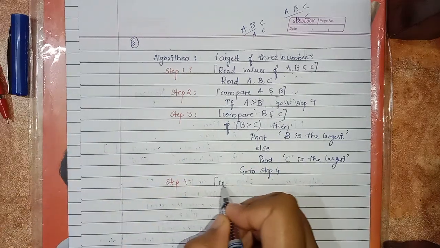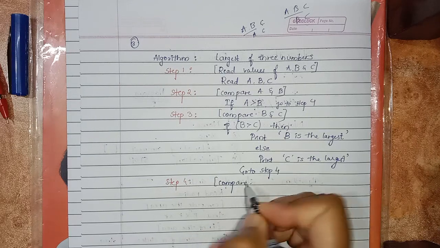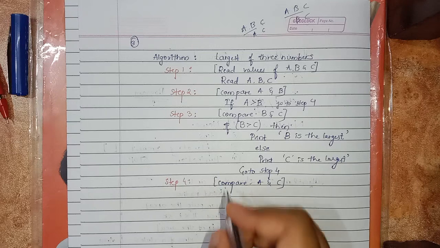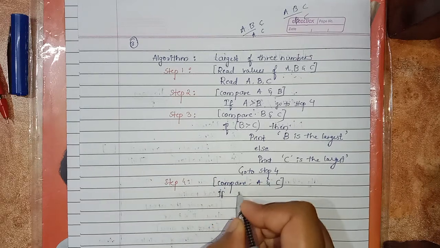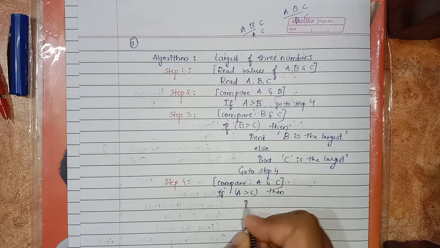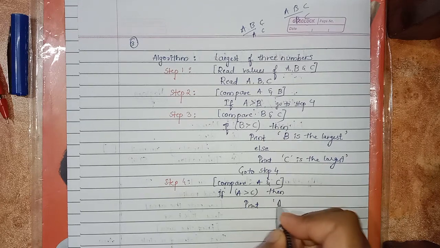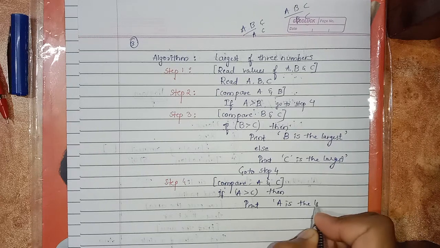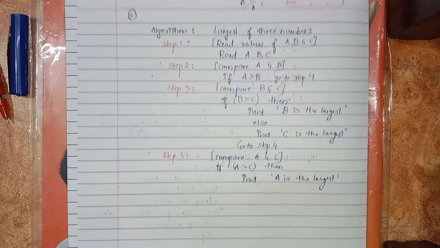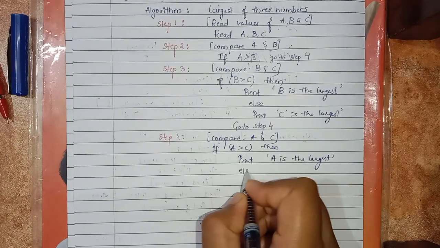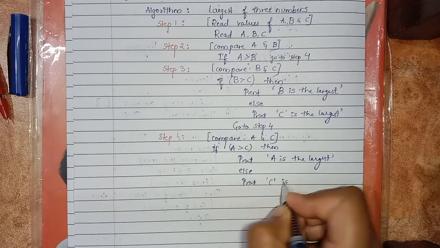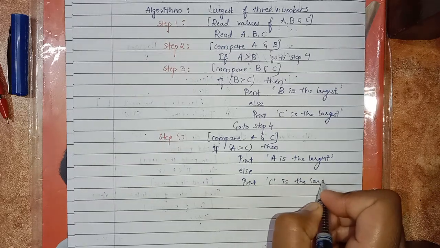So here compare A and C. So between this, if A is greater than C, then print A is the largest. But if A is not greater than C, so else print C is the largest.